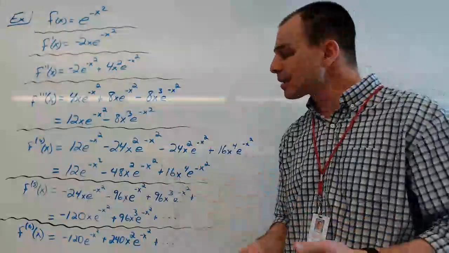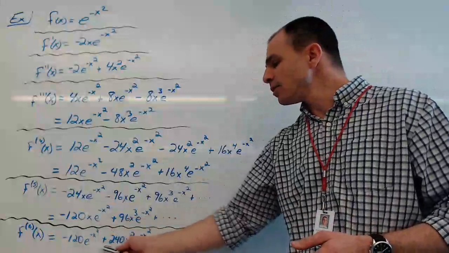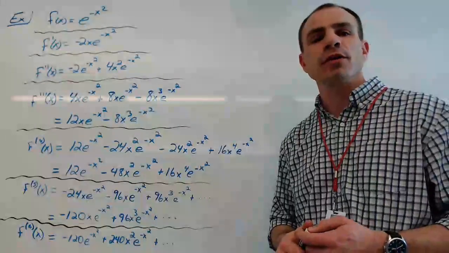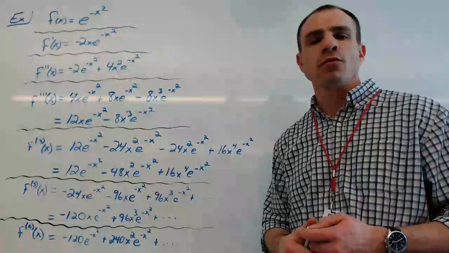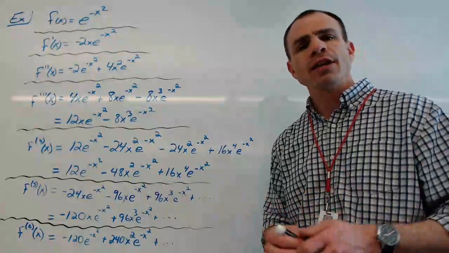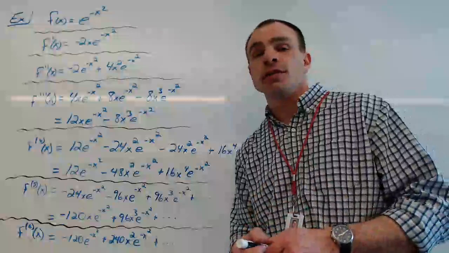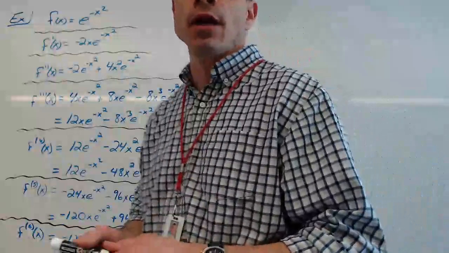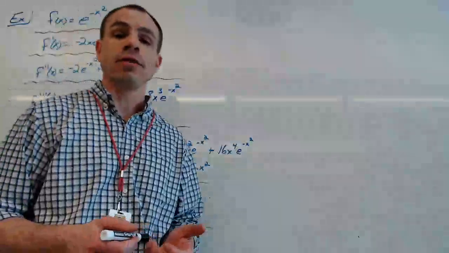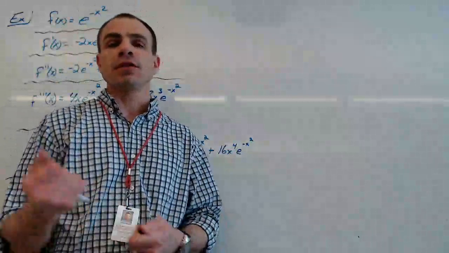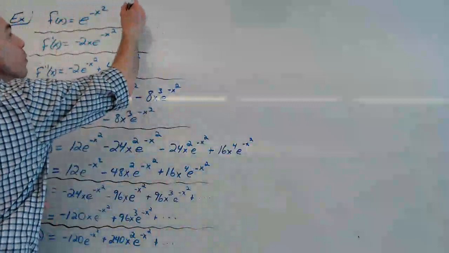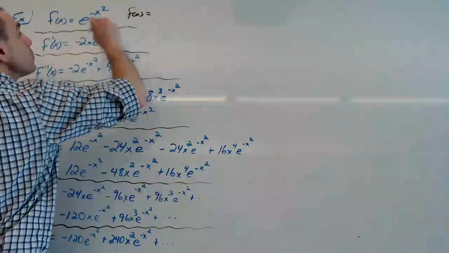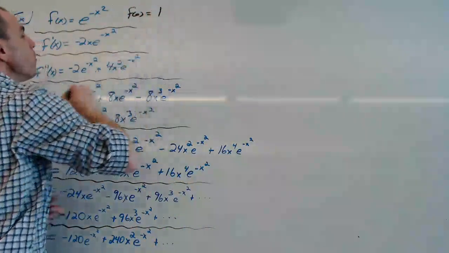And then when we get to the next iteration of the derivative, I again just derived the first couple of parts because I'm really keyed in on that 120 coefficient there. Why is that the case? Because remember, it's not just about finding the derivative, it's finding the derivative and evaluating it at the center of the series. And the series is centered at x equals 0 because we're told it's a Maclaurin. So we actually want f of 0, which we know, e to the 0, happens to be 1.